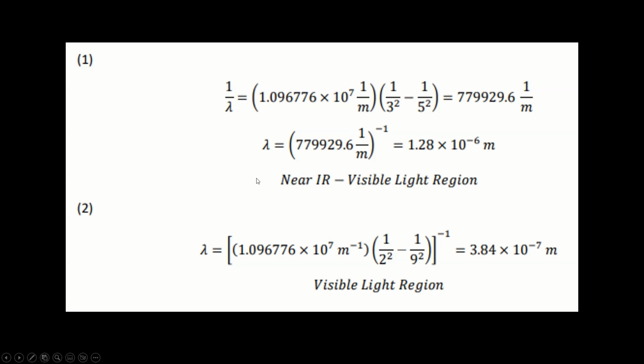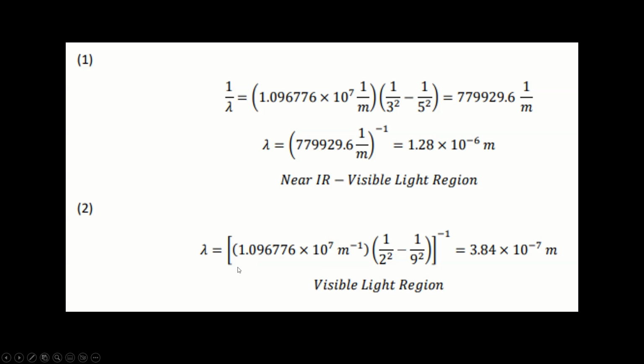Now for our second question, we're just going to do this in one step, which you're welcome to do too. Essentially, just put the entire right side of our Rydberg equation in parentheses on your calculator, and then have these additional parentheses as appropriate.